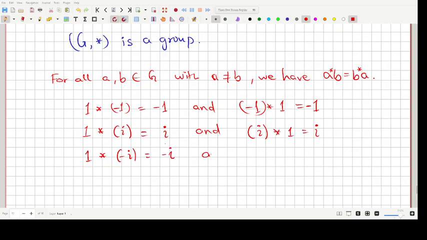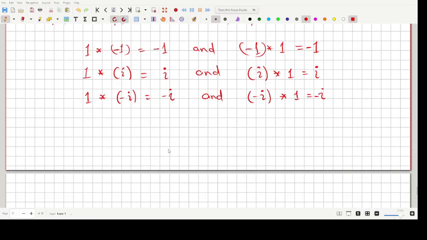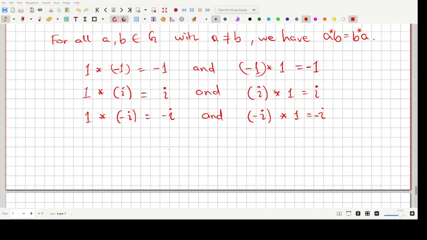The reason that we are doing everything explicitly is because even if we find just one case in which this condition doesn't hold, that will be a contradiction to our claim that this group is an abelian group. Okay, for 1 and negative 1 it is done. For 1 and i it is done. For 1 and negative i it is done. So let's consider now negative 1 and i, right?